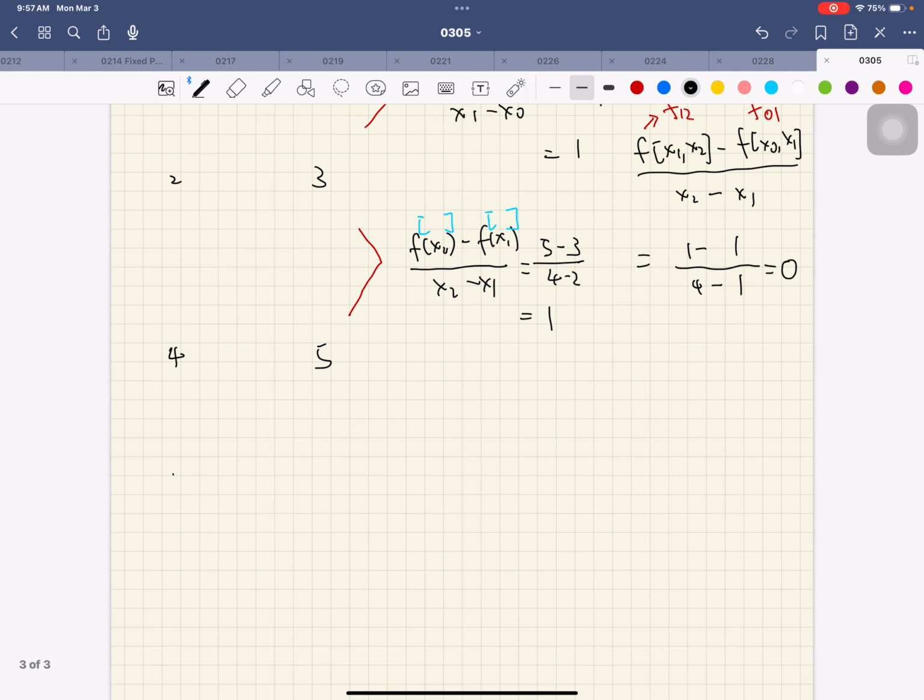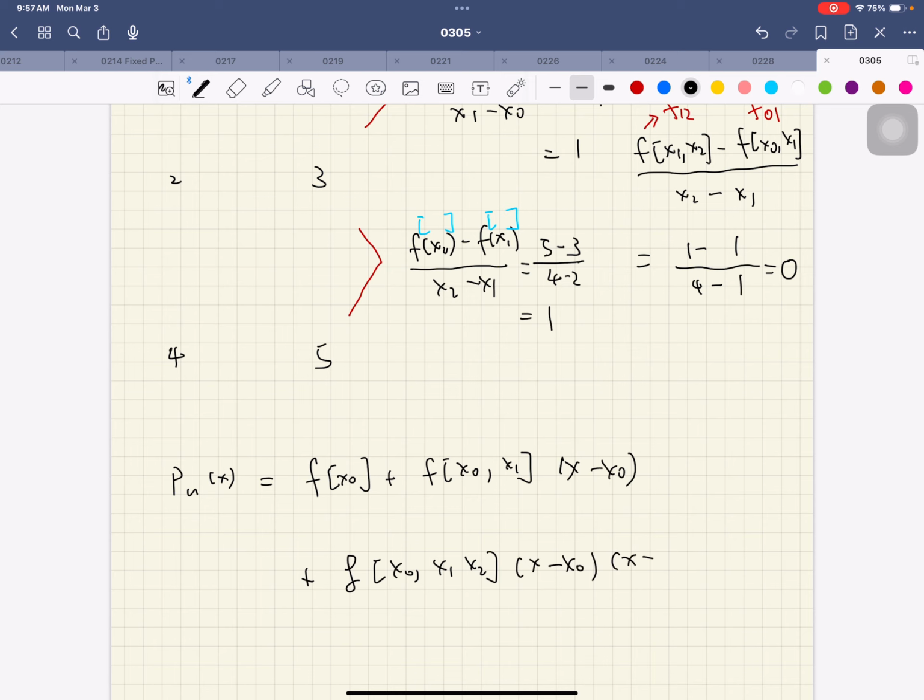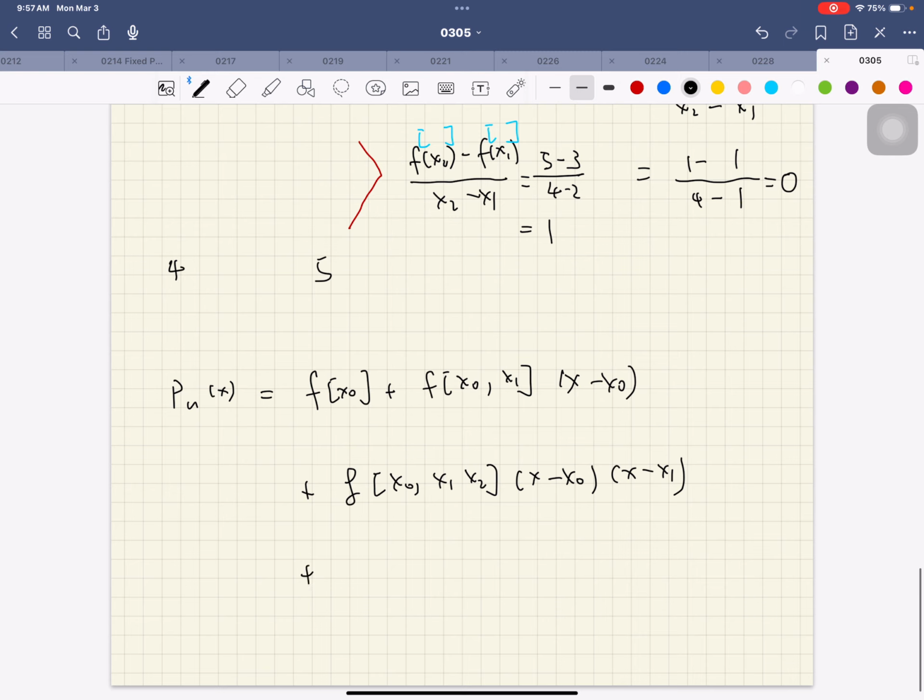The formula for pn(x) constructed with divided differences has this form: the first difference times x minus x0, then plus f[x0, x1, x2] times x minus x0, x minus x1, and so on up to the last term.